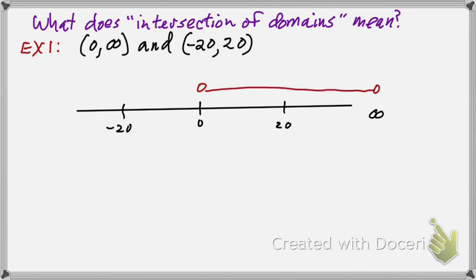There's that first interval. There's my red one. I'm going to take the second one, we'll call it the blue one, and it's going to go from negative 20, but not including negative 20. It's going to go all the way up to 20. And the intersection, anybody know? It's where they overlap. Yeah, just exactly like the man's saying. So they overlap in here.